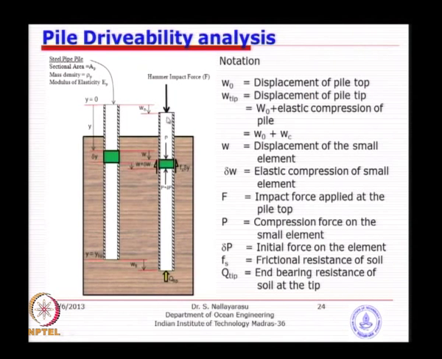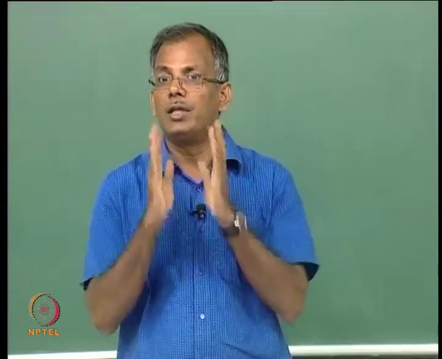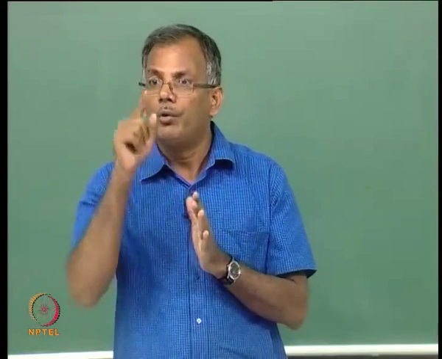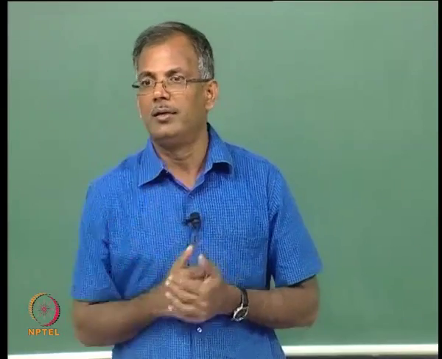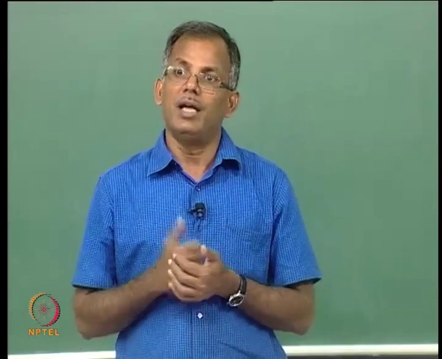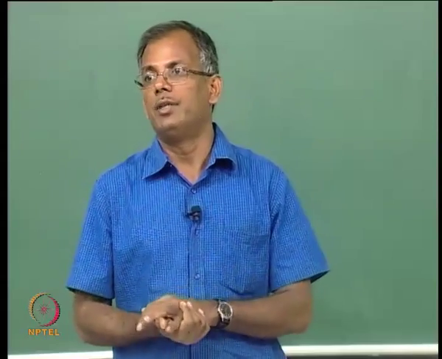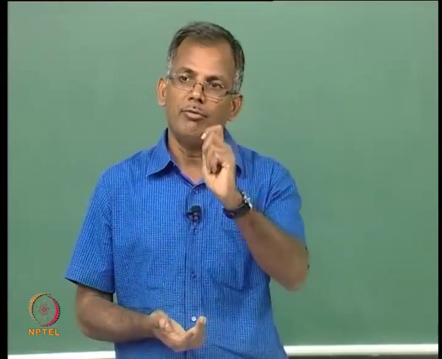So, during this process, the small elemental piece of material shown in this green color has velocity for sure, because during impact it is going to have a displacement. If the displacement changes because of the resistance coming from the soil during the propagation of the stress wave, then it will have a velocity, and if the velocity changes because of the varying nature of resistance, you will have acceleration.